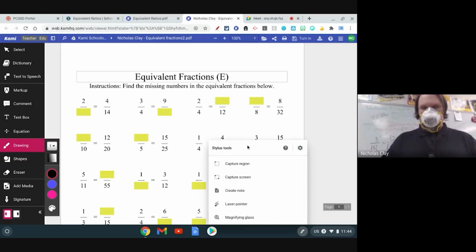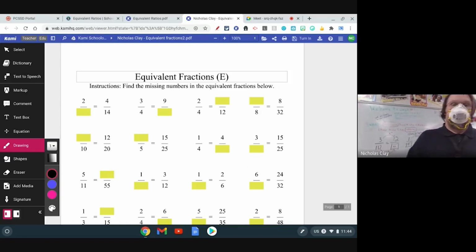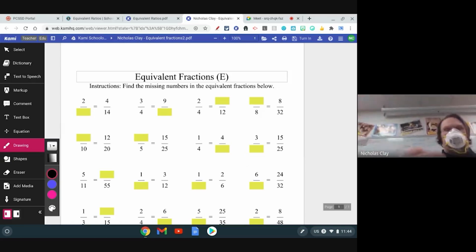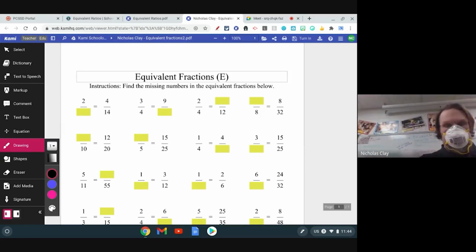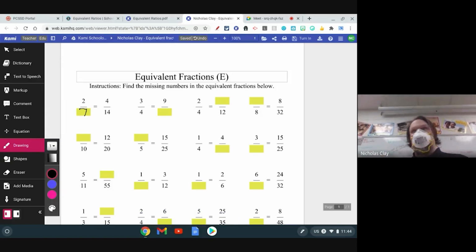Remember, once I got that number that you're working with, you're good. What'd you multiply times 2? 2. And so we're going to divide by 2 also. So 14 divided by 2 is 7.